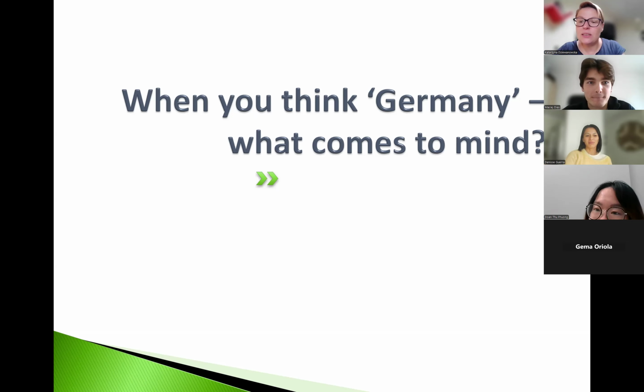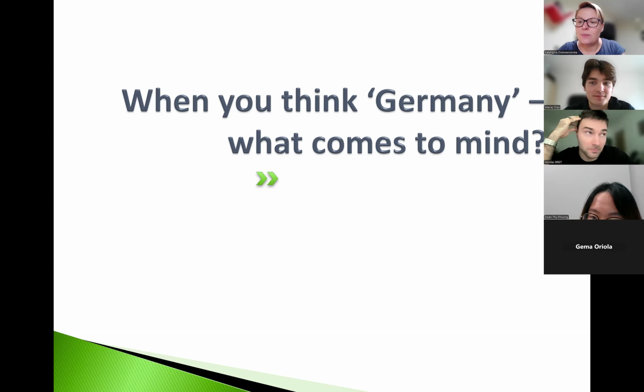Yeah, structure. Denise says Mercedes, right? Audi, BMW. Yeah, BMW, right? What else? Anything else that comes to mind when you think Germany? Mercedes. Mercedes, yes, okay. Any kind of food in particular except beer? Currywurst. Okay, so sausage.